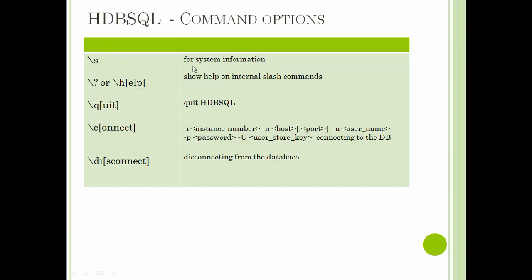Here I have listed certain options and their meanings. \s is used for displaying the system information. \? or \help, or just \h, shows help on the internal slash commands which are possible with hdbsql. \q or \quit is for quitting the hdbsql command line console. \c is for connecting to the database, but since we have already connected, we don't have to use this option. And \di or \disconnect is for disconnecting from the database.